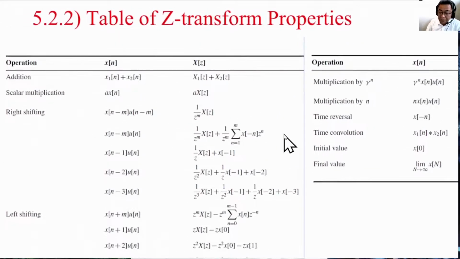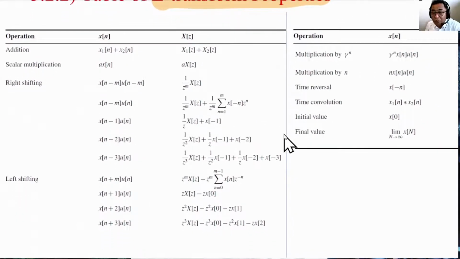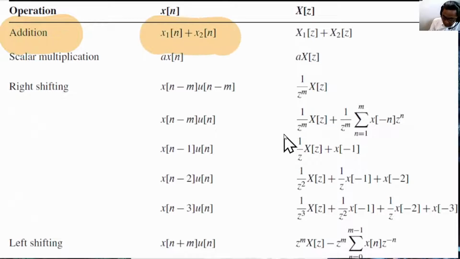With the Z-transform pairs, we now go to the Z-transform properties. Here we just overview what the properties are, and we will do some proofs later on. The Z-transform is a linear operation. That means when we have x1[n] plus x2[n], the Z-transform can be realized individually as the Z-transform of x1[n] plus the Z-transform of x2[n].